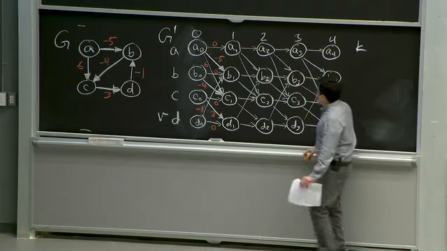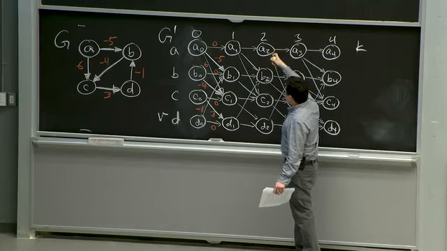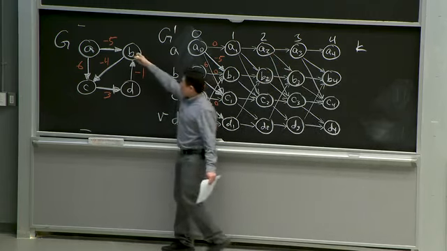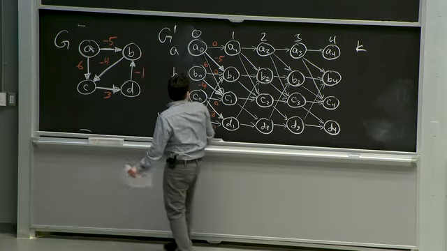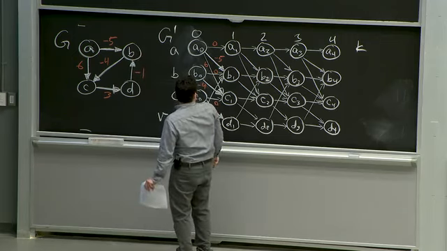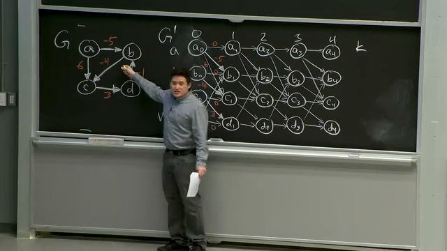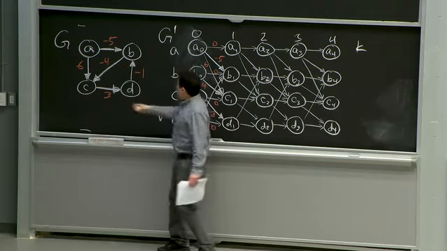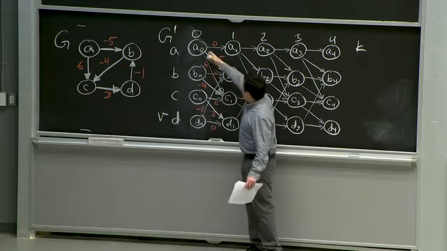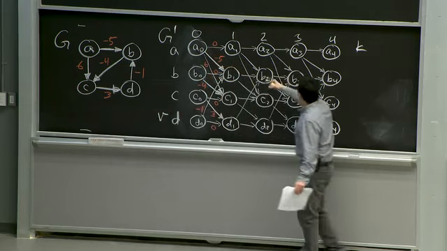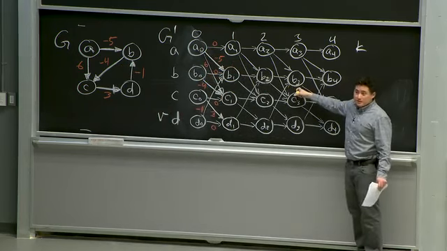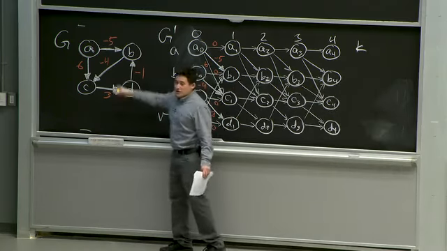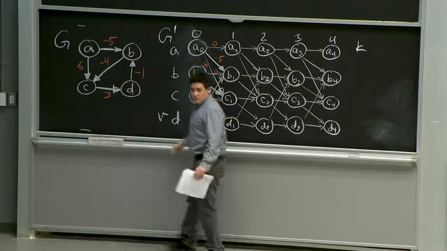So for example, if I was looking for paths to B using at most 3 edges, a path from A0 to B3 in this graph would correspond to a path in the original graph that uses at most 3 edges.